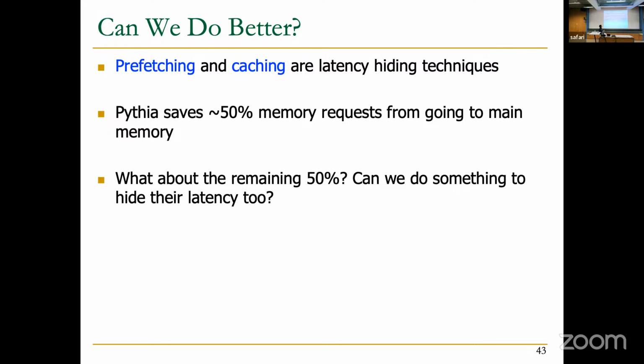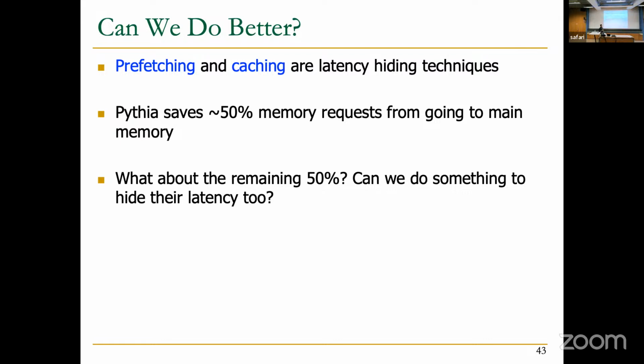Then the question is, Pythia is good and we have seen the performance benefit, but even Pythia, if you look at the prefetch coverage that we defined yesterday, meaning what fraction of memory requests Pythia can predict, you can see only 50% of the memory requests going to main memory are successfully predicted. That means the other half is still going to main memory, even with Pythia inside.